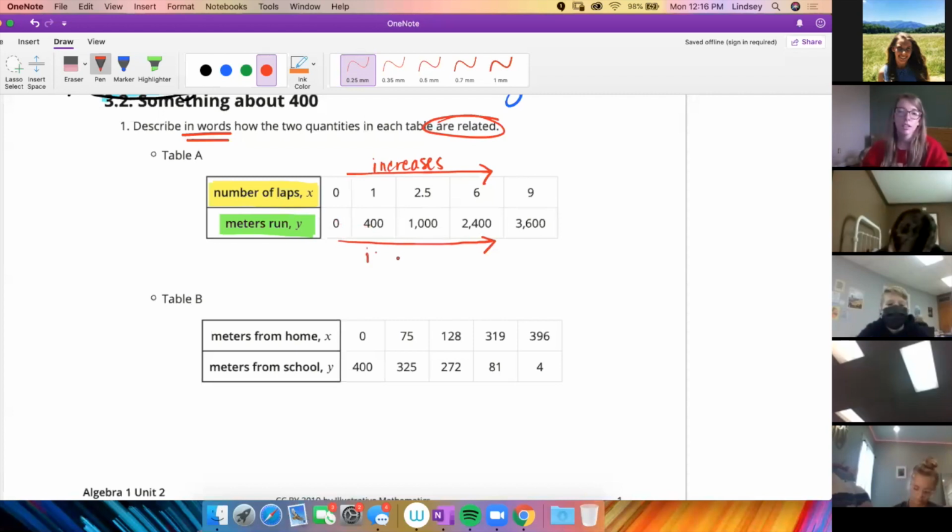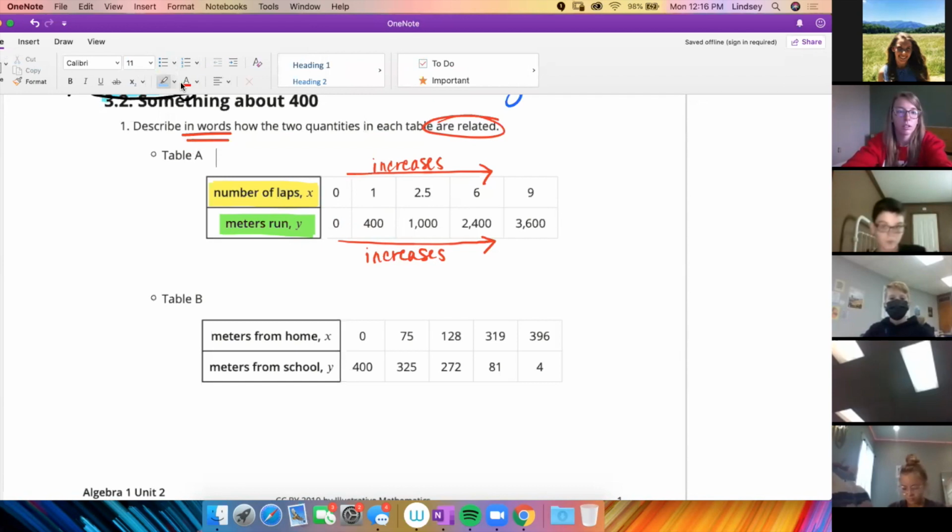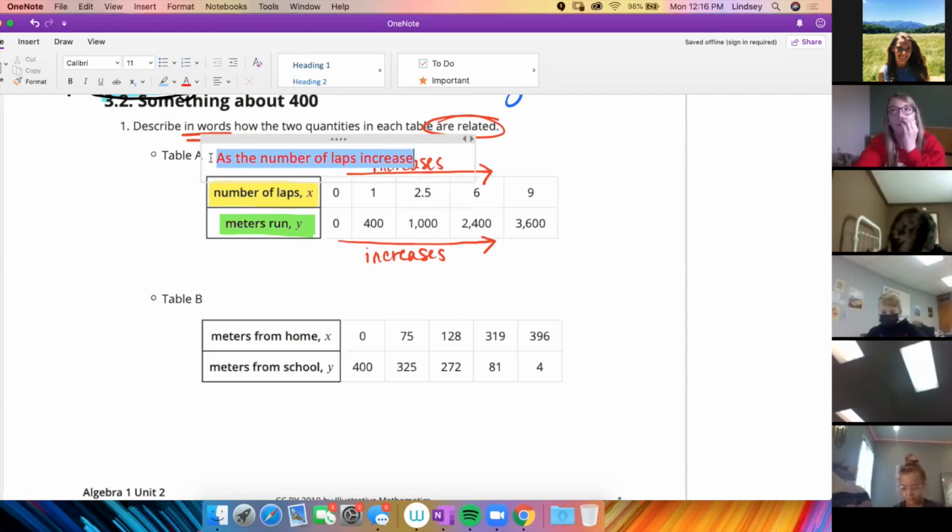Okay, so that's all we're going to do, we're going to put it into words. We're just describing the relationship. So we notice what's happening between those quantities. Okay, so let's write it down. As the number of laps increases, the number of meters run increases.